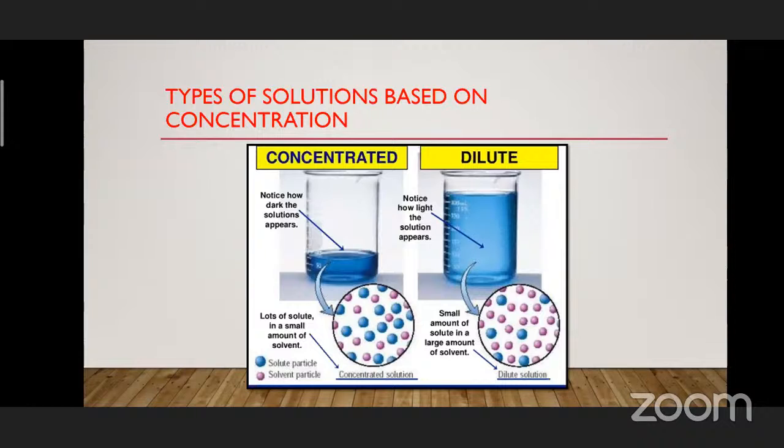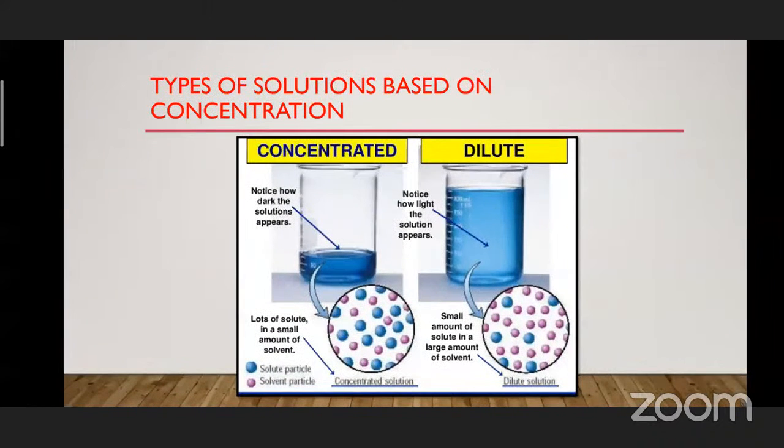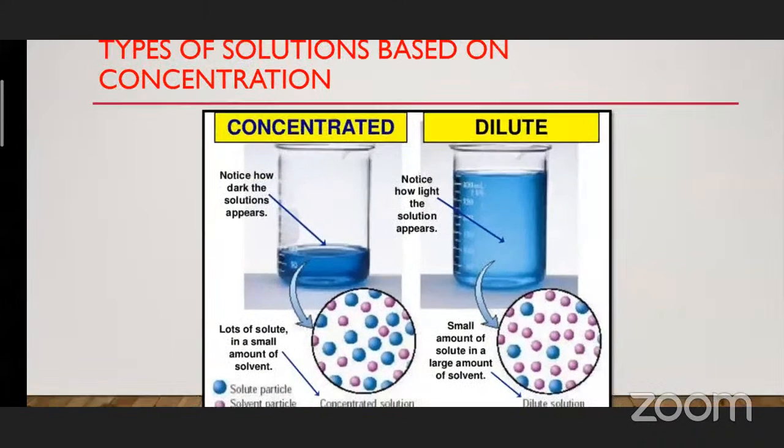Whereas if it is a dilute solution, it would be lighter in color. See this diagram. As the number of solute particles increase, the color will intensify. If the solute particles decrease, the color would be lighter.